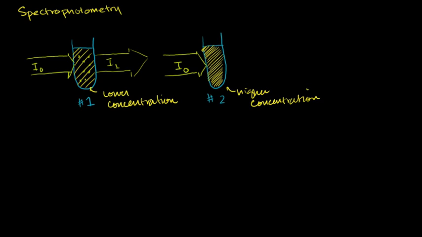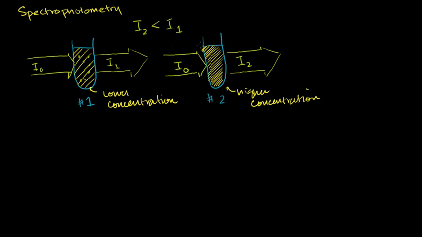It's going to bump into more molecules because it's a higher concentration here. The light that comes out, I'll call the intensity I2. This is going to have a lower intensity of light transmitted than this one over here. I2 is going to be less than I1.